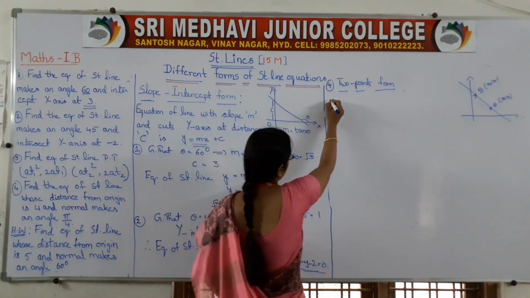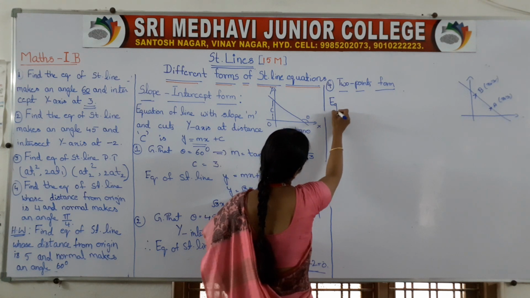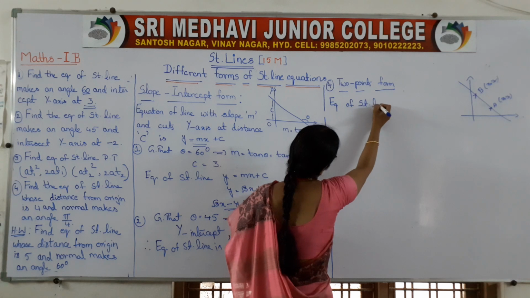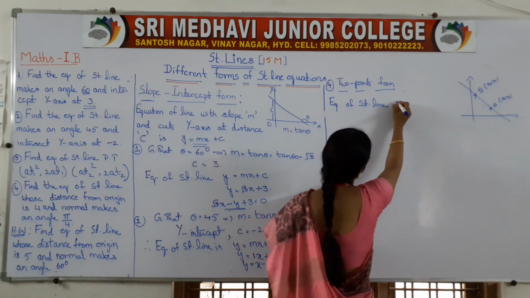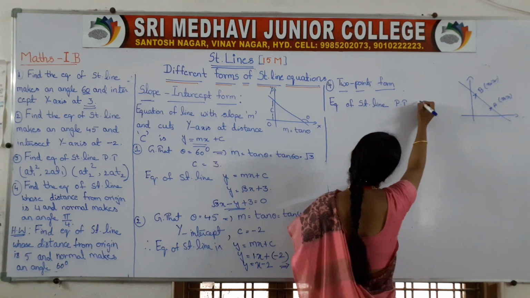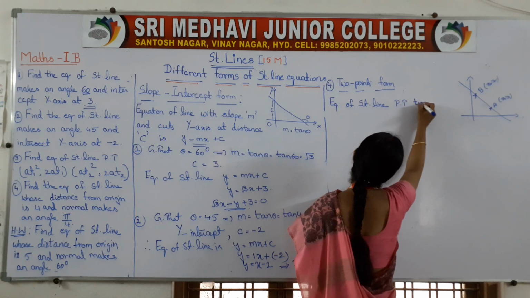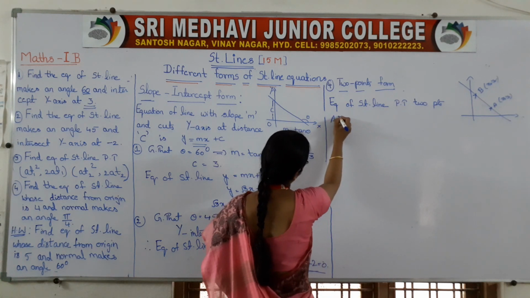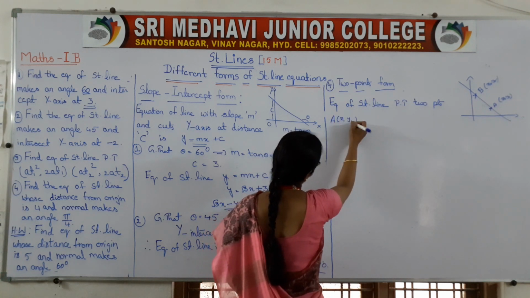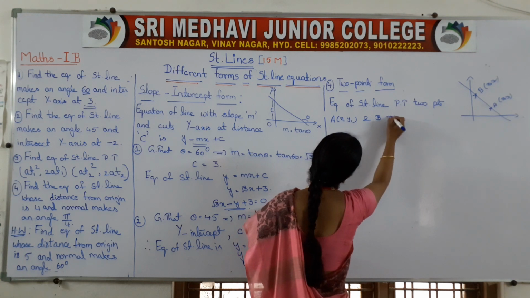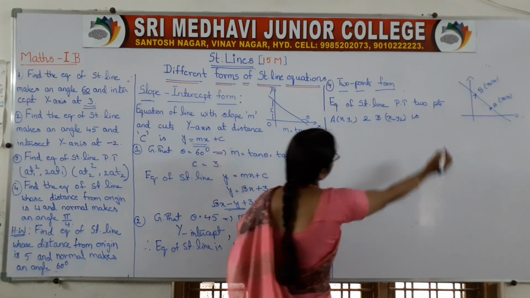So the equation of a straight line passing through 2 points, first point A x1, y1 and B x2, y2 is.